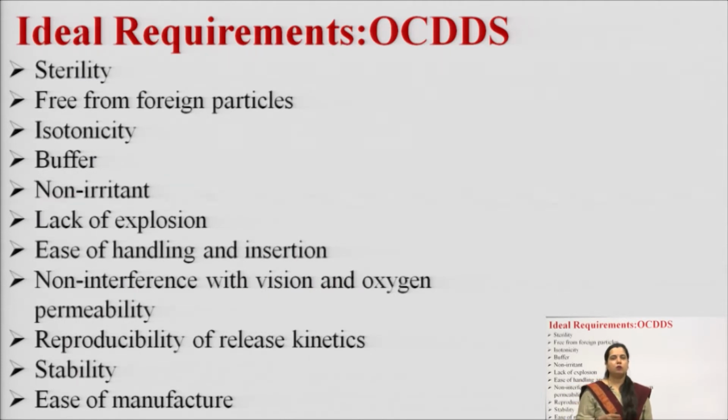Then reproducibility of release kinetics: we are talking about prolonged, sustained or controlled release, so the release kinetics is an important factor here. Stability and ease of manufacture. All these ideal requirements make this system easy and feasible to develop.